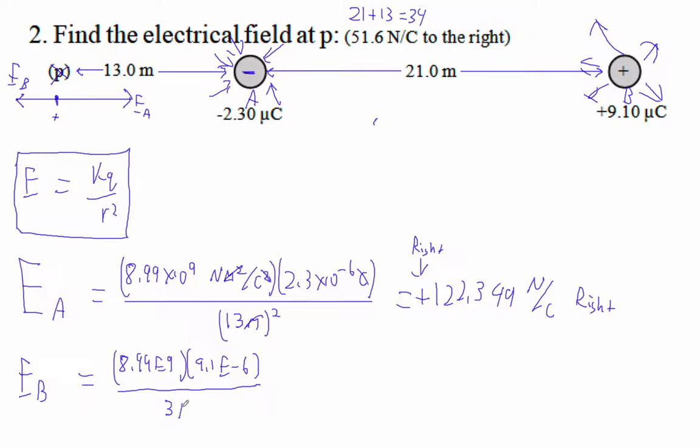This point right here is 34 meters, 13 plus 21, from charge B, so 34 squared. I'm just going to edit this thing here. The distance is 34, and the charge is 9.1. And I get 70.769.